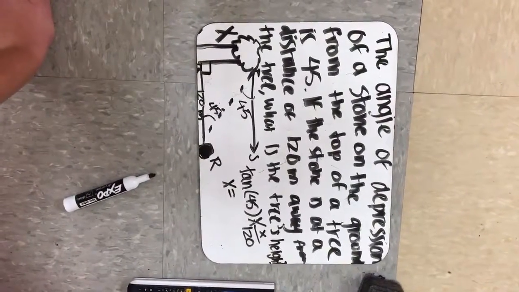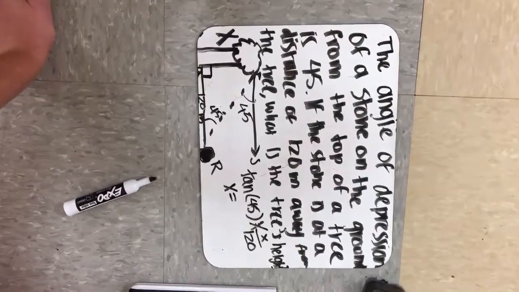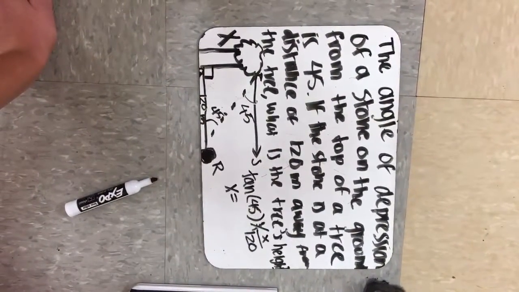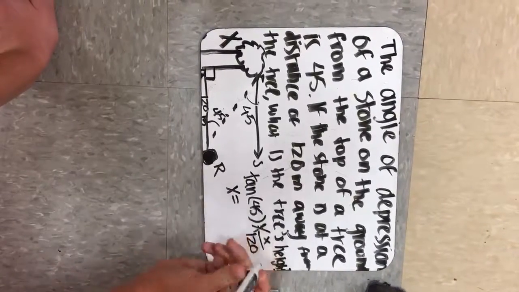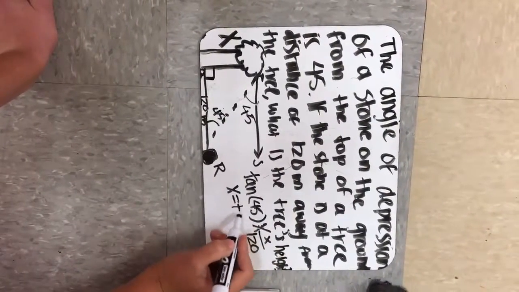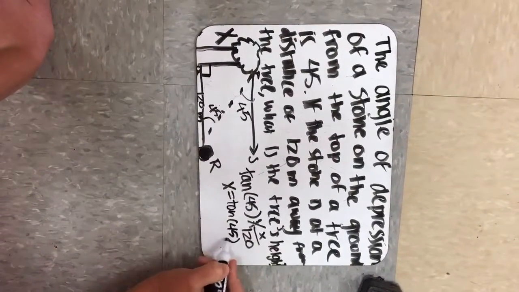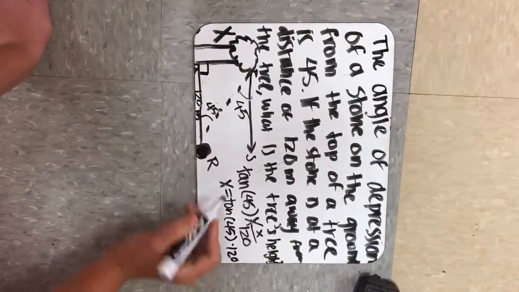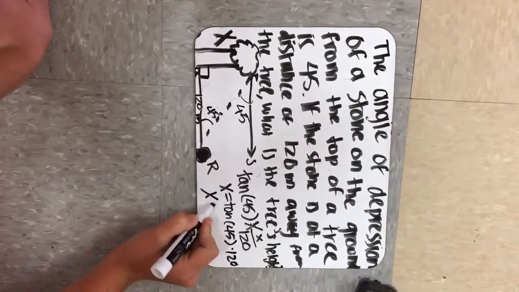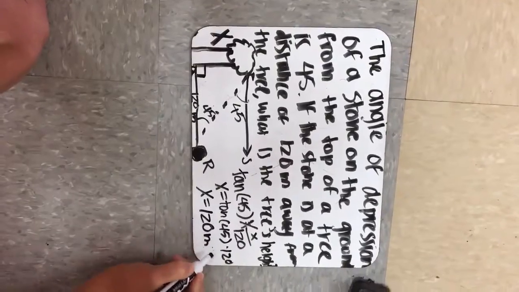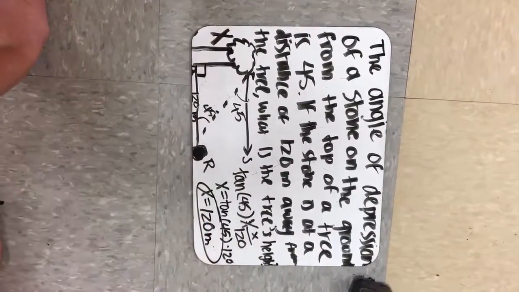Make sure it's in degree mode. Tangent of 45 times 120. So after putting that in the calculator, x equals 120 meters. So the tree is also 120 meters.